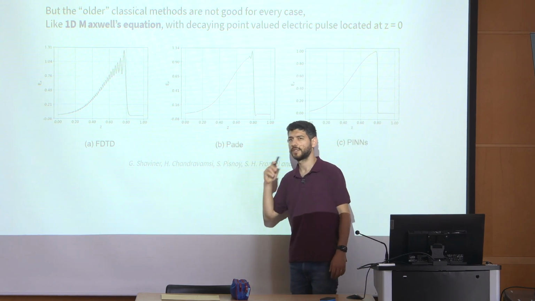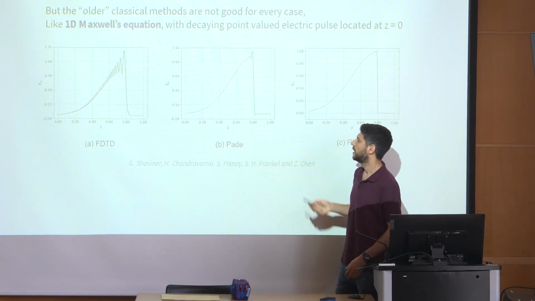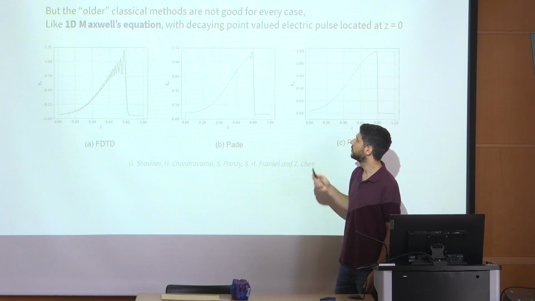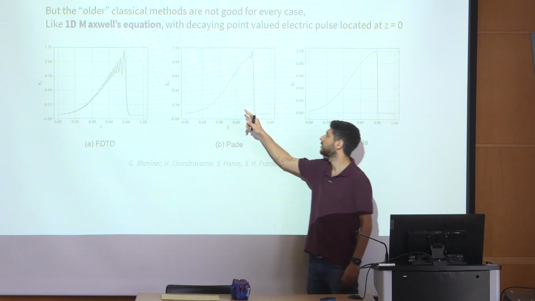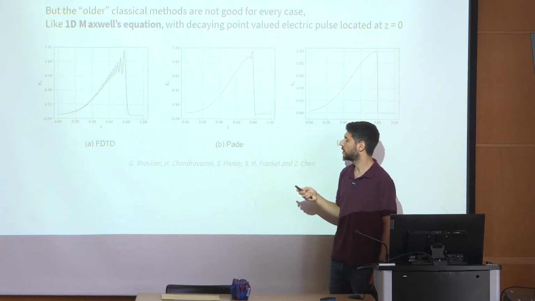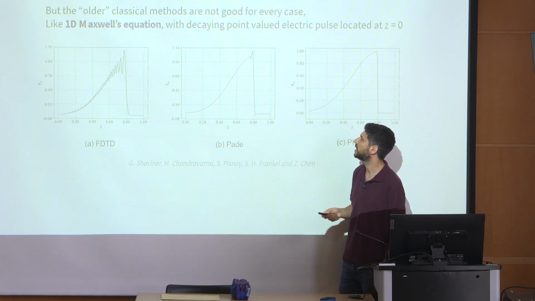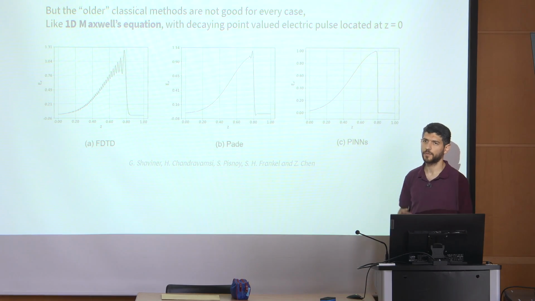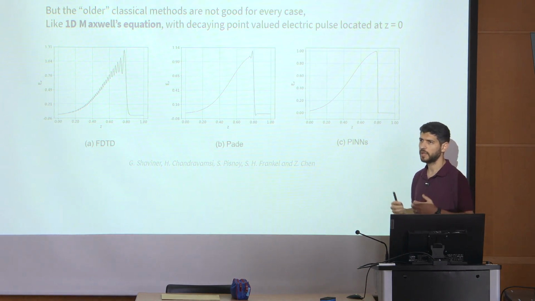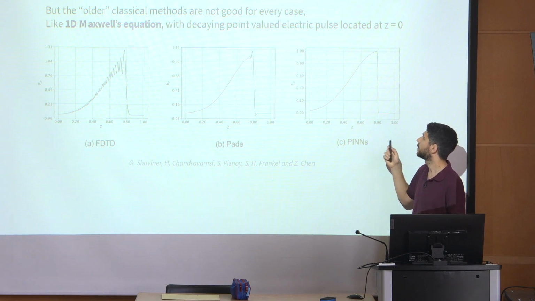Even in PADE, which is a much better and widely used method to solve PDEs, it still has some oscillations and an overshoot. You can notice the different scales. It overshoots quite a lot. And this is using PINNs, physics-informed neural networks, which we based our work on, the quantum physics-informed neural networks.